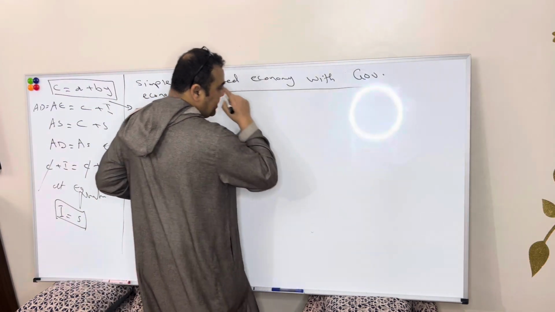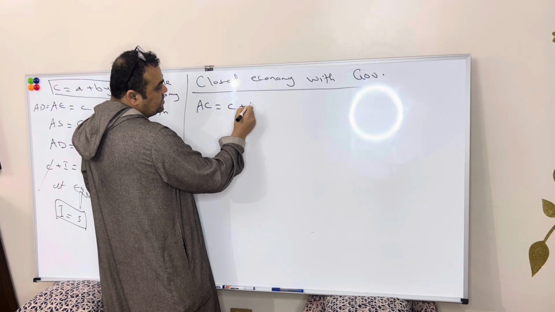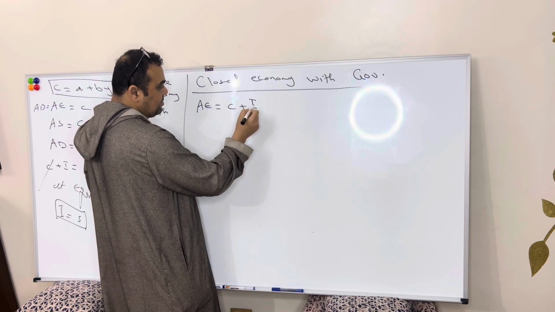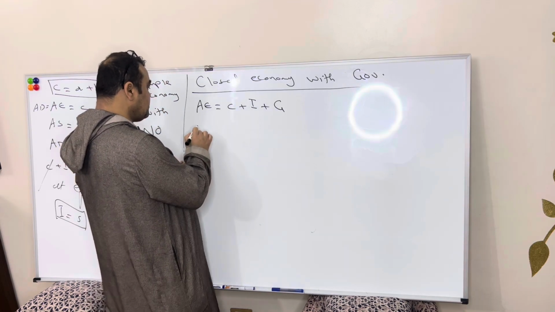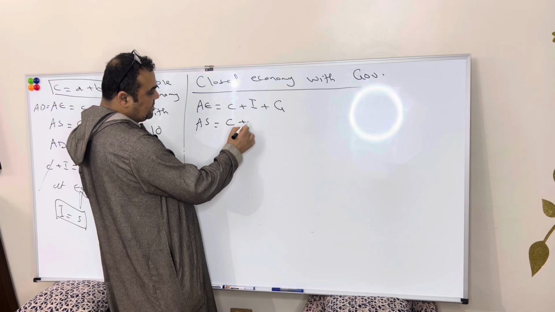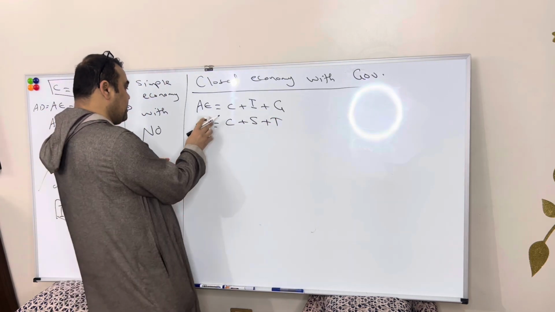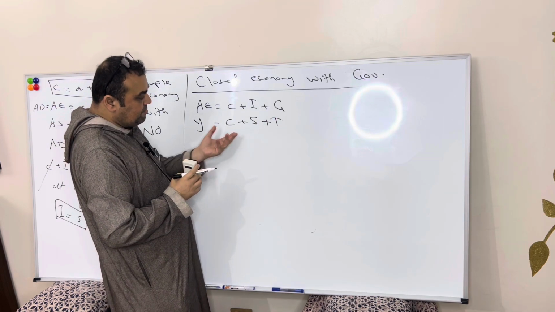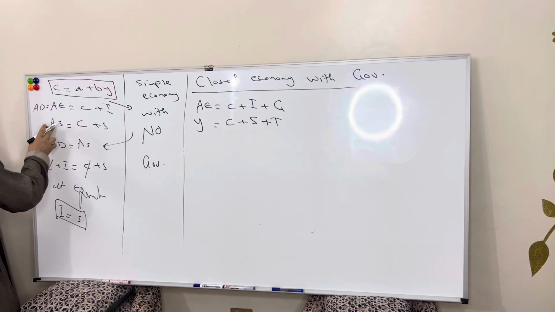In the closed economy, the aggregate expenditure equals C plus I plus government expenditures. The aggregate supply equals C plus saving plus taxes, because the income, Y, equals C plus S plus taxes.